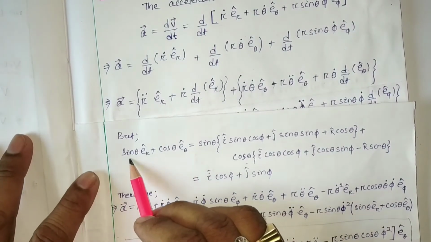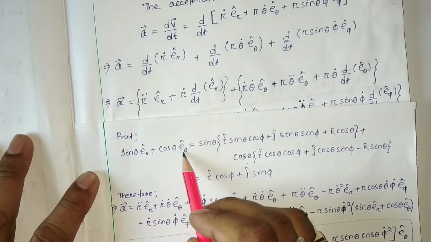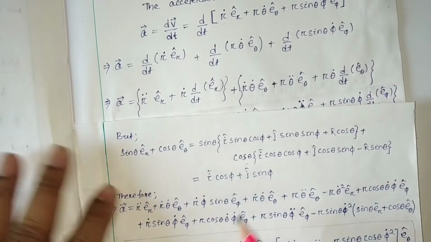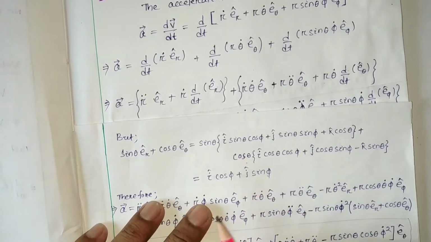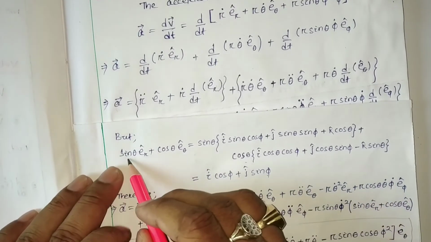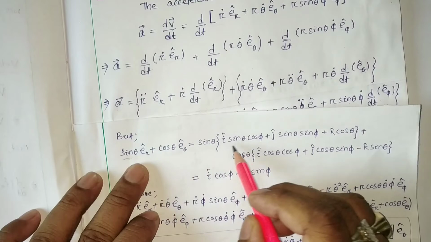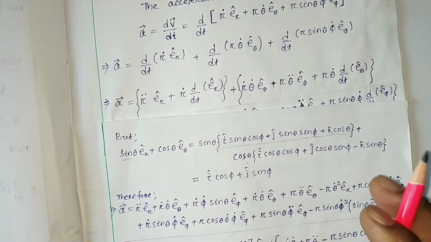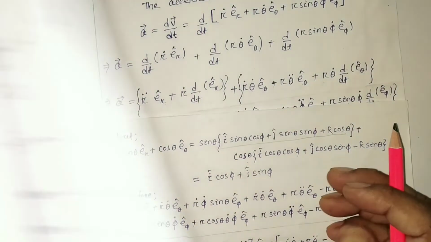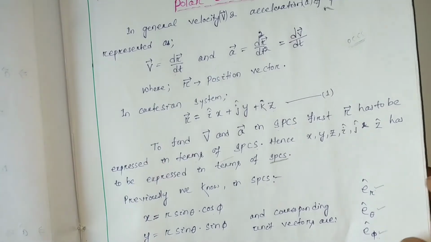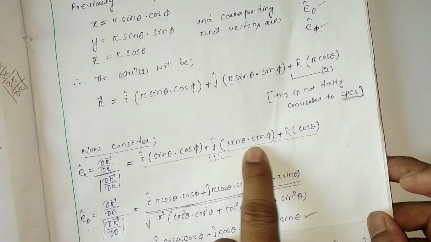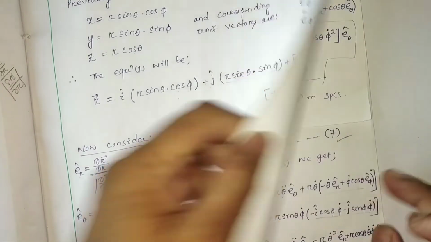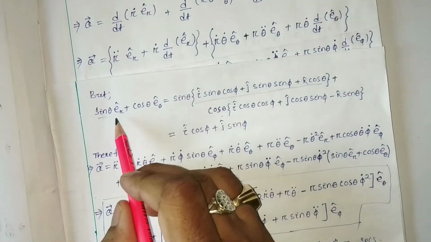Here sin theta e_r cap plus cos theta e_theta cap can be written as i cap cos phi plus j cap sin phi. How it is? Carefully you have to watch. Sin theta e_r cap value is nothing but this one. e_r cap we already found, right? e_r cap value is this much: i cap sin theta cos phi, j cap sin theta sin phi, plus k cap cos theta has been written instead of e_r cap.